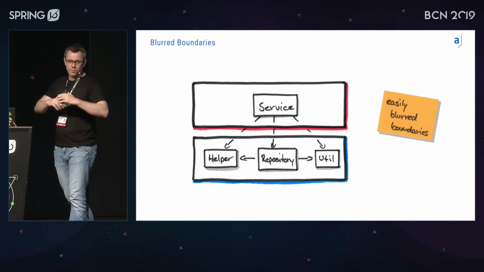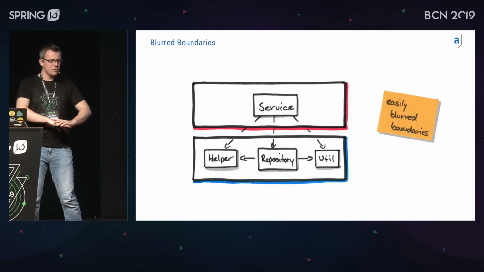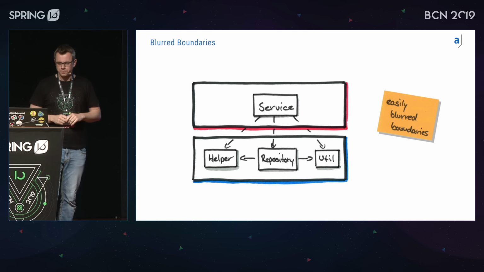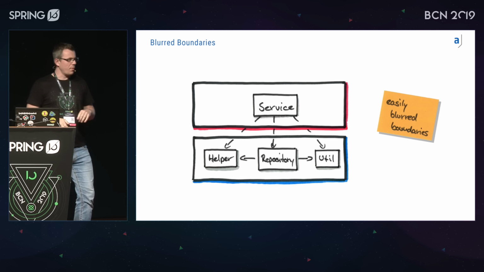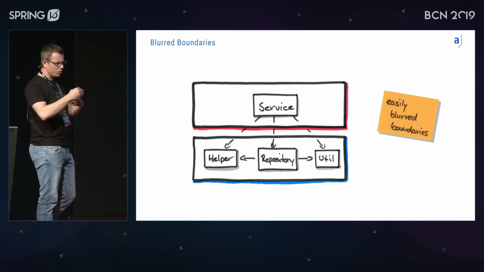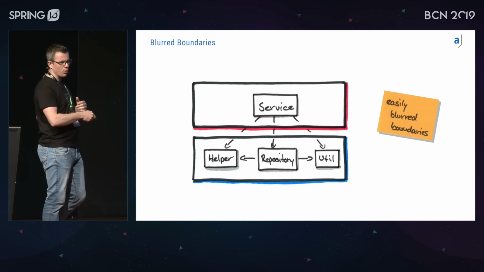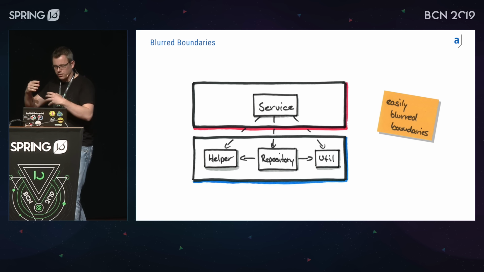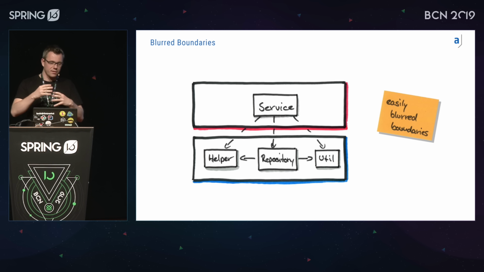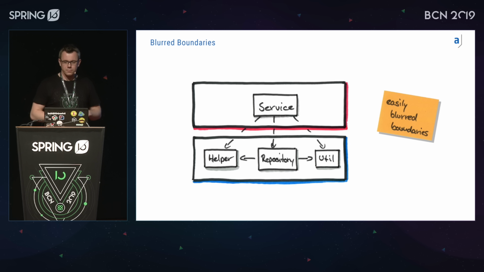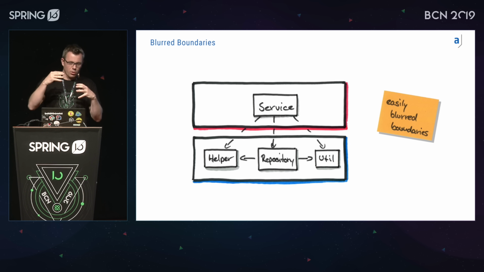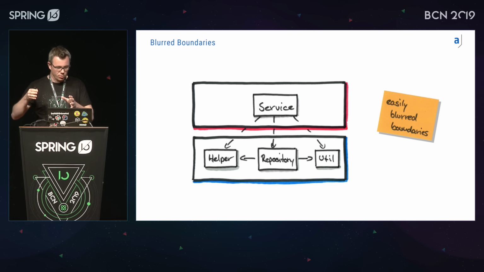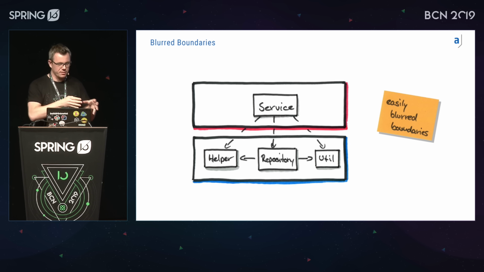We just push them down to the lowermost layer, so every other layer above it can use it. This makes the boundaries easily blurred if you don't have the discipline, or if you don't have something in place that catches it. So there's no real boundary if you don't especially build it into your architecture.